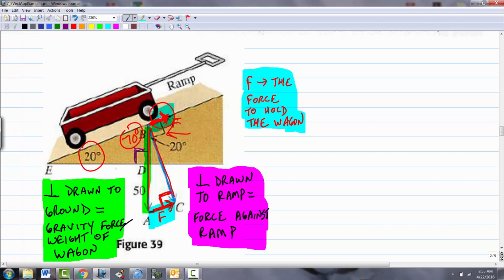It is the perpendicular to the ramp. All right, and you can see if this ramp was more slanted, then this vector would change. So this is a vector that incorporates the effect of the ramp's incline. And it is the perpendicular to that. So you must draw that and put a 90-degree angle right here.